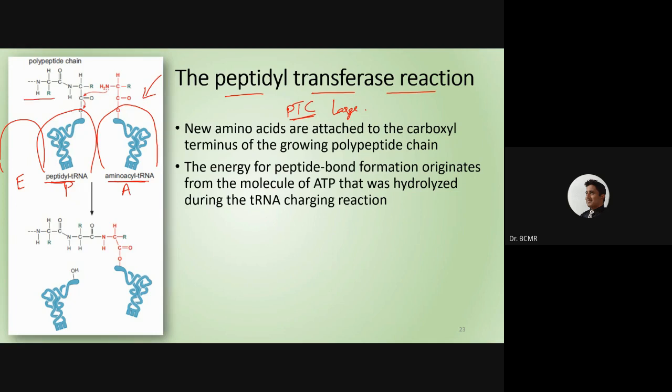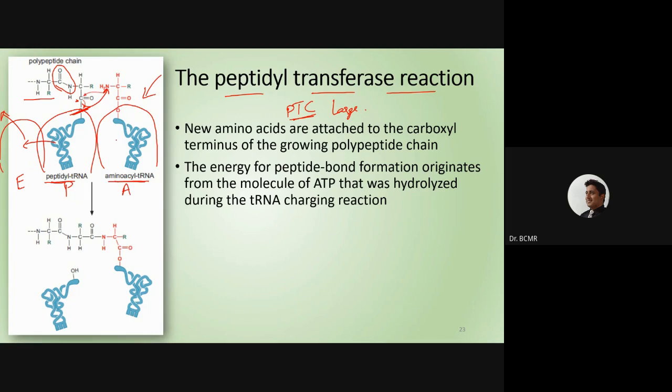Here you had one amino acid, CONH, that's the peptide bond, and this is the next amino acid. The carboxylic group present here will break and join with the NH2 here. That is where the new peptide bond has formed. This tRNA becomes free, and upon translocation it goes here and will be eliminated eventually.